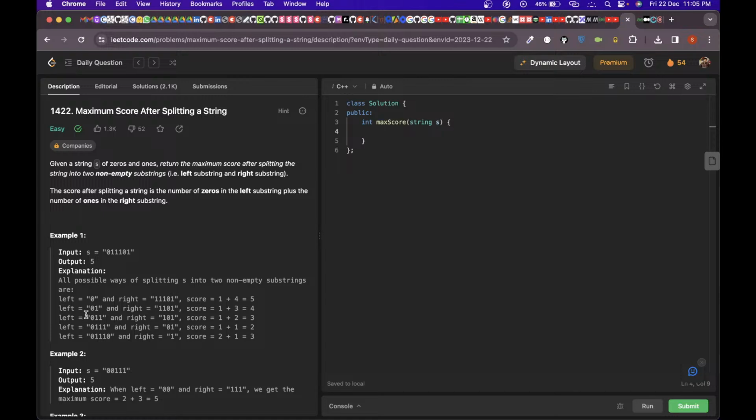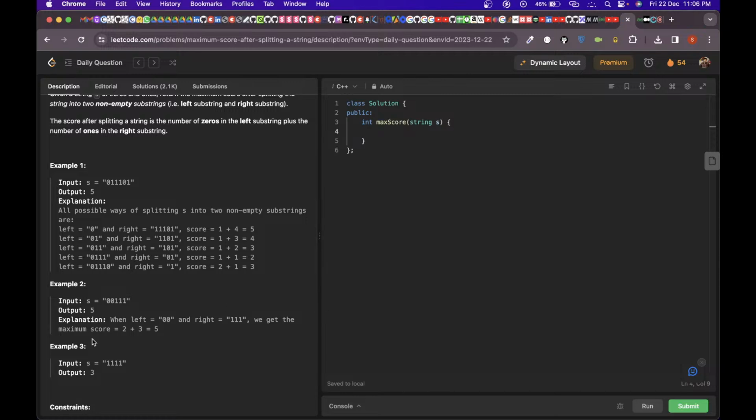If we see the other ways, none of them gives a higher output than the first case. Similarly, in our second example, with the string 00 and triple 1, if we split it with a left substring of length 2 and the right substring of the remaining length, we will get our max score of 5.